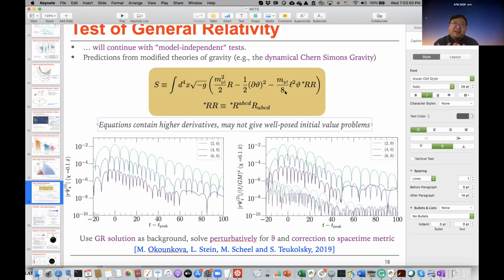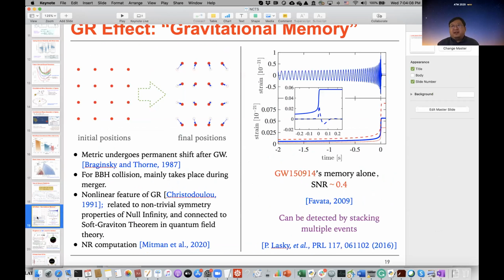Okay, so in this way, you basically evolve perturbations on top of a non-linearly obtained full numerical spacetime, and then you can obtain the corrections to the GR waveforms when the Chern-Simons correction is weak. So this is about thinking about a theory which is a modification of GR.